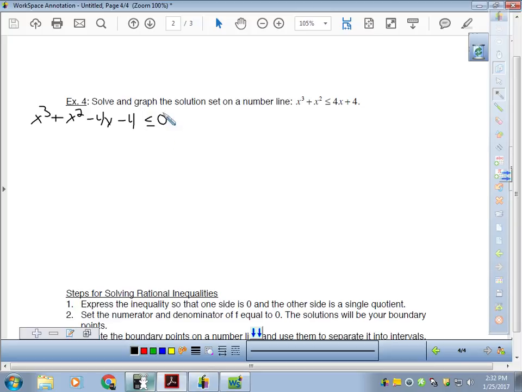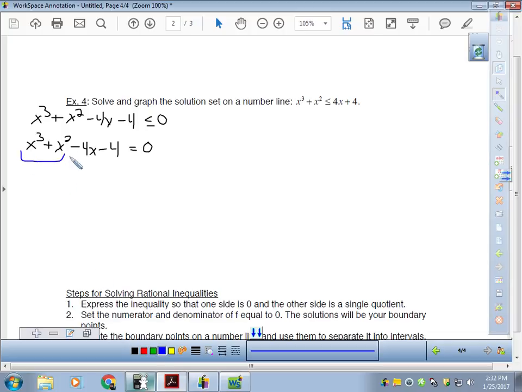Now that I have a 0 there, I can change the inequality to an equal sign. So x cubed plus x squared minus 4x minus 4 equals 0. Now, in order to solve this one, this is a 4-term equation, so we're going to do factor by grouping.